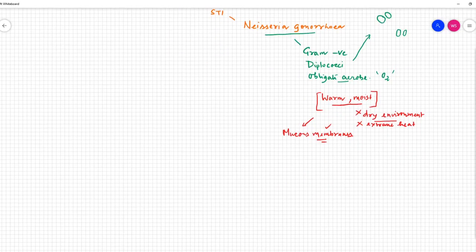This organism was discovered by a German physician after whom it has been named eponymously. This doctor was Albert Ludwig Sigismund Neisser.